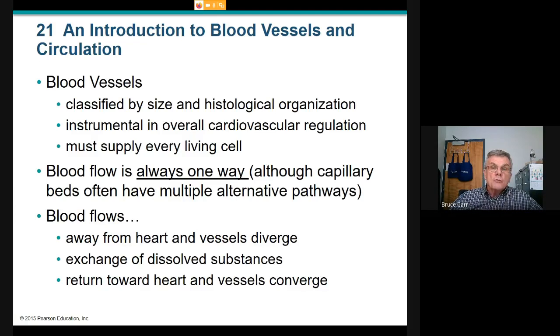Blood is always, if we take the heart as the reference point, that's where the pressure is generated. It's going to move away from the heart and diverge into smaller and smaller vessels. It's going to enter the smallest vessels, which will change their wall structure in a way that exchange is possible. And then it will return to the heart by converging the small venules into larger and larger veins.